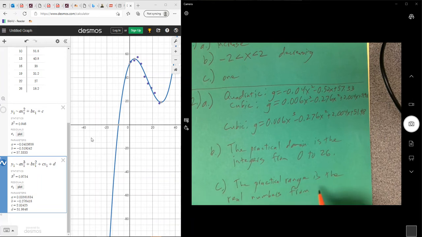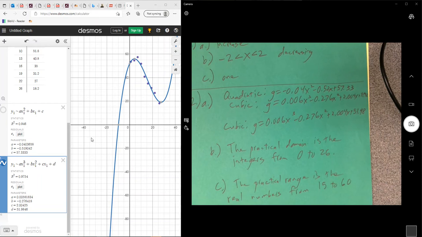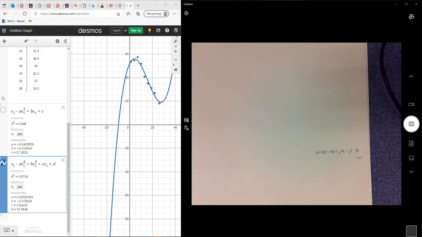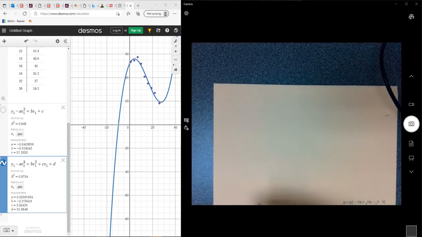So the practical range is the real numbers from 15 to 60. So that would be our y values from 15 to 60. 15 being the lowest value and 60 being the highest value. And in this case also, some of your answers can vary, but it would be some variation between 15 to 60. Okay, now we go here to D.